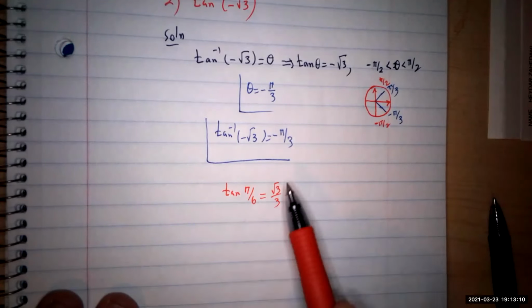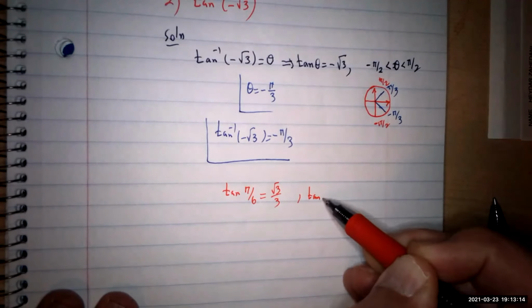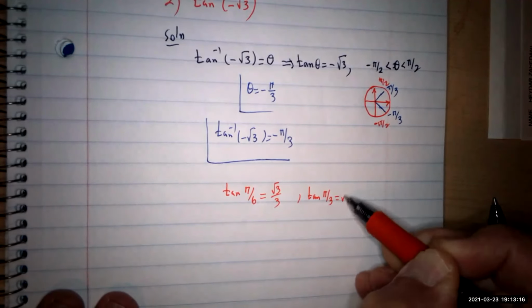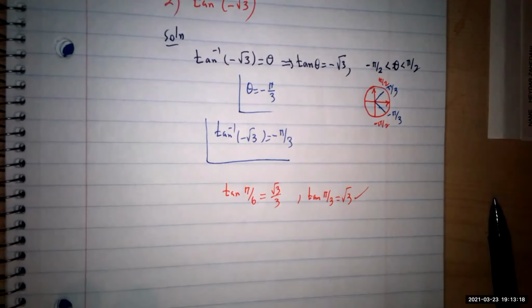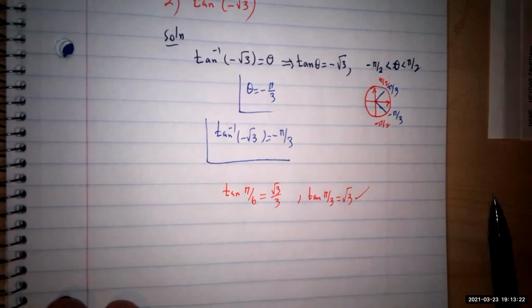Because we switch it to get these numbers. But the tangent of pi over 3 is radical 3. You know that the tangent of this must be the same as the cotangent of pi over 6. Yeah, I'm just seeing it as sine over cosine, but it's inverse tangent, so it's different.